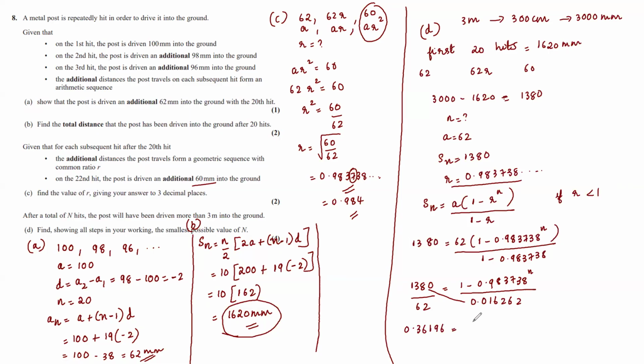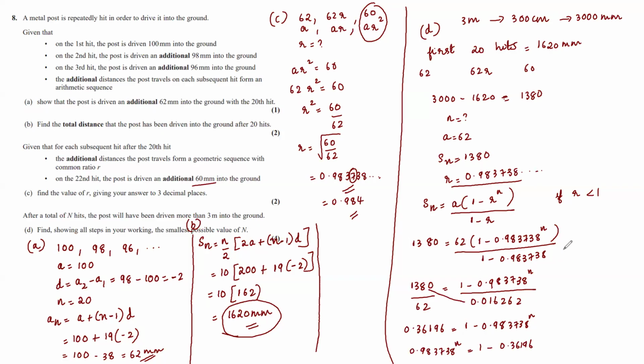is equal to 1 minus 0.983738 to the power of n. Take this power of n term to the left hand side, it becomes positive. So 0.983738 to the power of n is equal to 1 minus 0.36196.